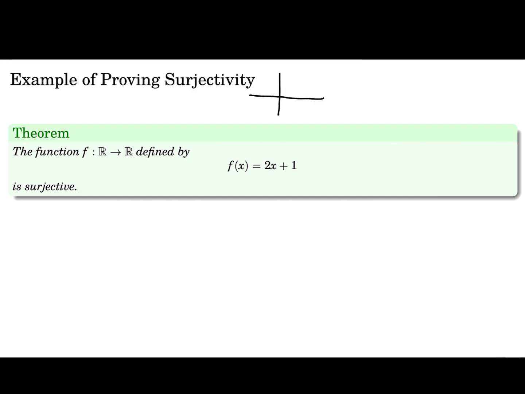So this function here, f of x equal to 2x plus 1, corresponds to this line over here. And notice that for every input here, so the input is all the real numbers, you get this line, and that actually makes it so that every element in the codomain, if I choose any point, there is some input that gives that output.